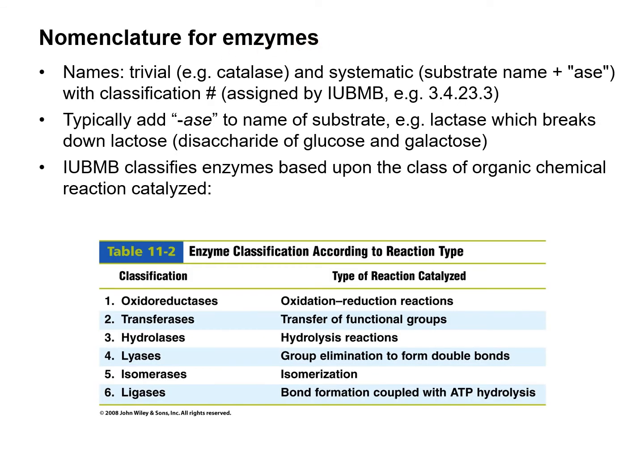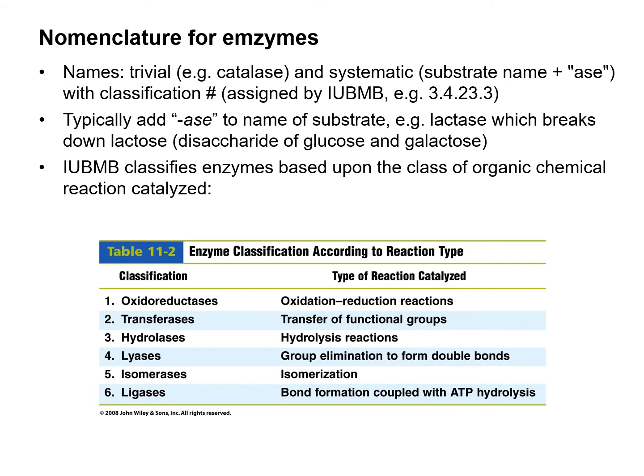Enzymes are named in several different ways. The nomenclature of the enzymes would be followed by trivial rules, like catalase. You can just name them that because it has been called that way for a long time. And the systematic way is to make the substrate name plus -ase, with the classification number assigned by the IUBMB.